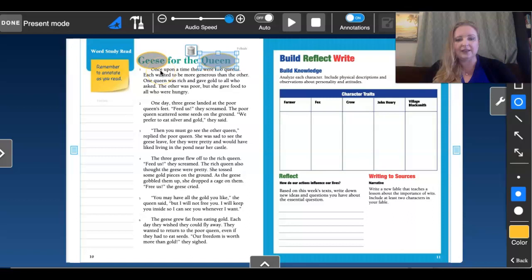Once, oh, that E is silent. Okay, upon a time, yep, that E is silent too. There, that has the short one. That one's silent. Were, oh yeah, that ER just says er and that one's silent too. Queen, oop, there's queens. And queens is different than queen, so I can circle that one too. Each, ooh, EA, there's another one. Get my circle tool.